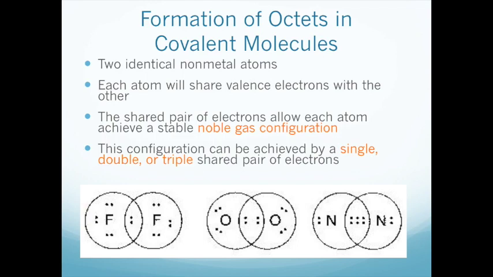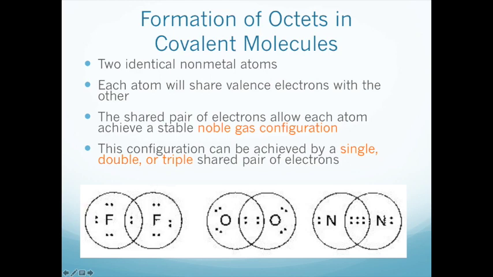Each atom in a molecule will seek to obtain the nearest, most stable noble gas configuration, and in order to do this, the formation of single, double, or triple bonds may occur.